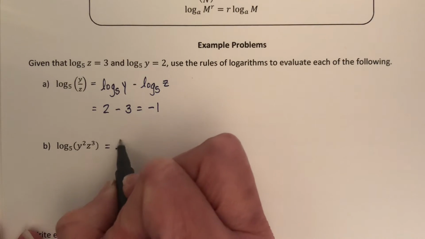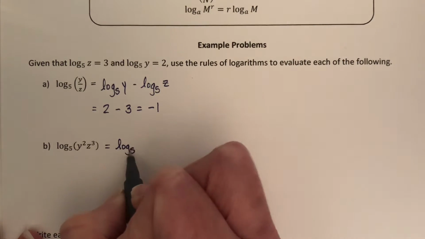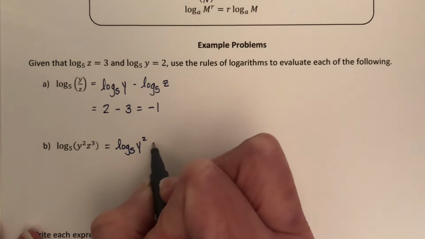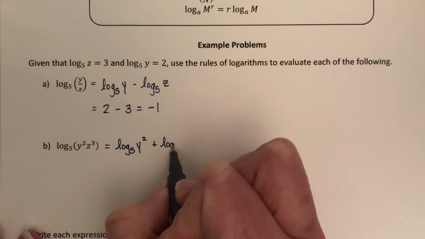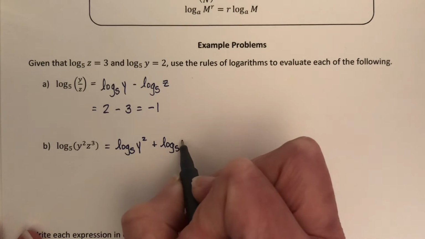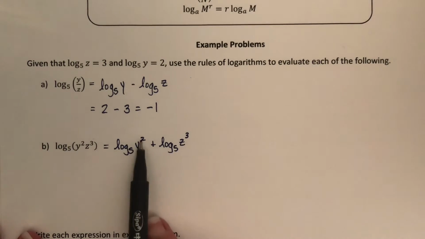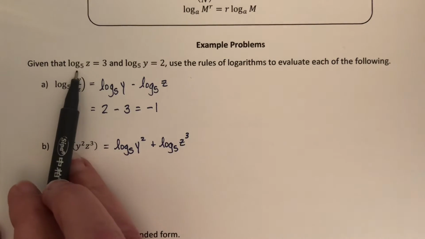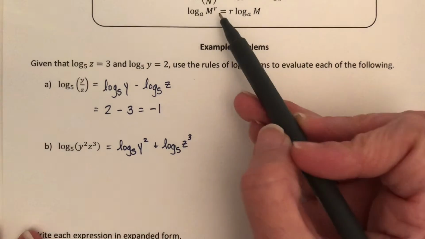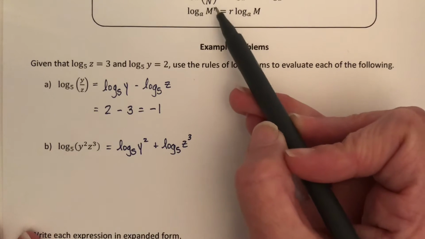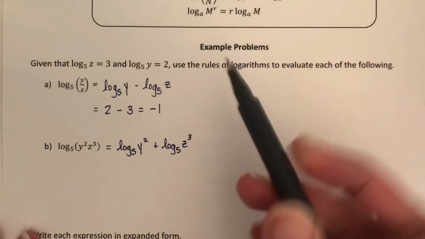And I get log base 5 of y squared plus log base 5 of z cubed. Now, because of these exponents, I cannot make these substitutions yet, but I can use this property to move the exponent to the front of the logarithm.